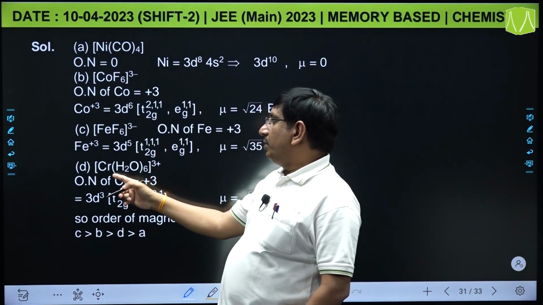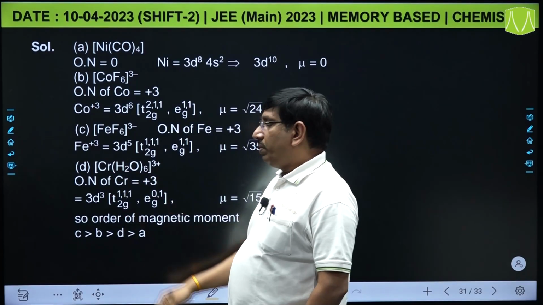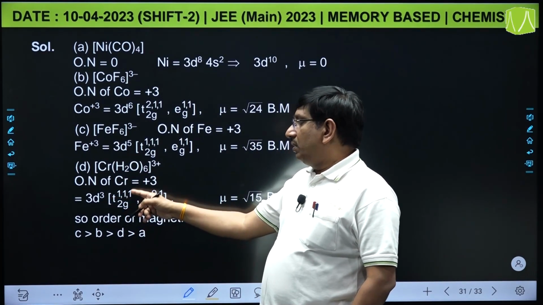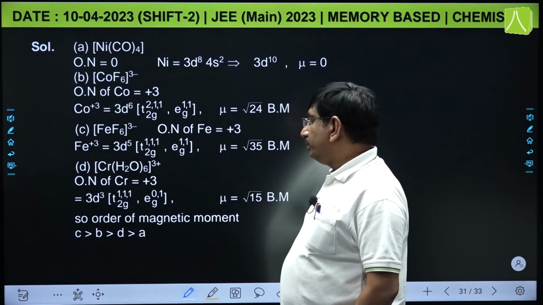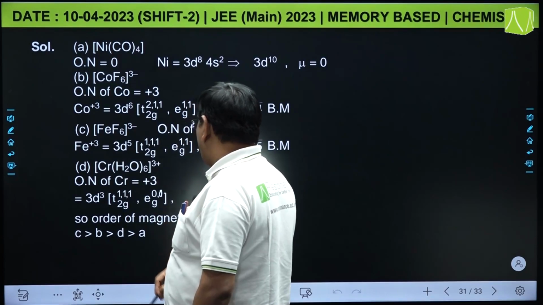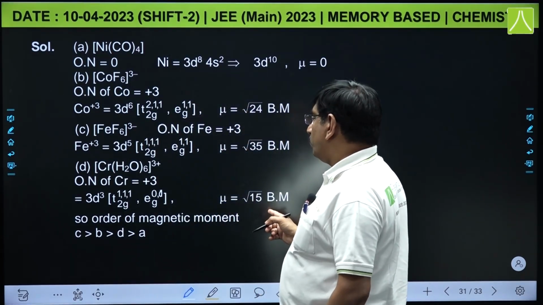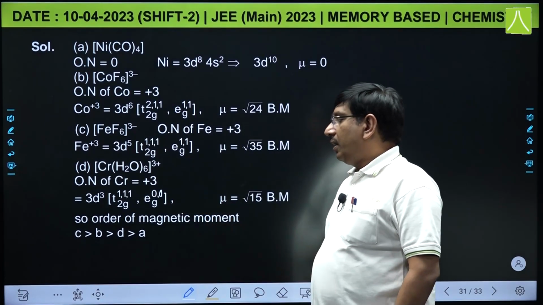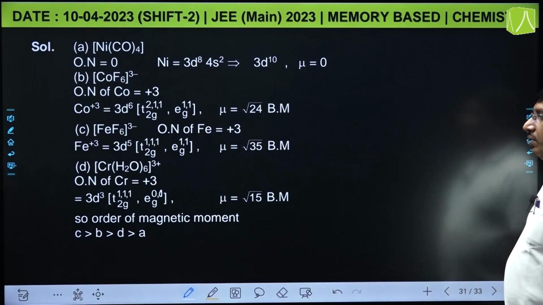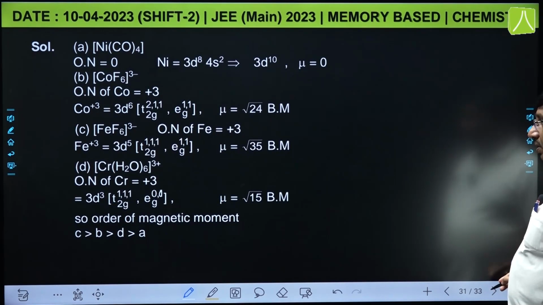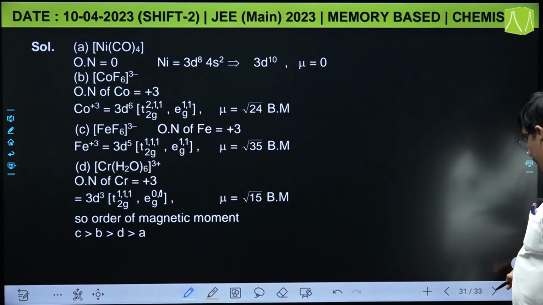And here water is also a weak field ligand, chromium is in plus 3 state, t2g3 eg0, and the magnetic moment can be root over 15 BM. The correct order of magnetic moment is C greater than B greater than D greater than A.